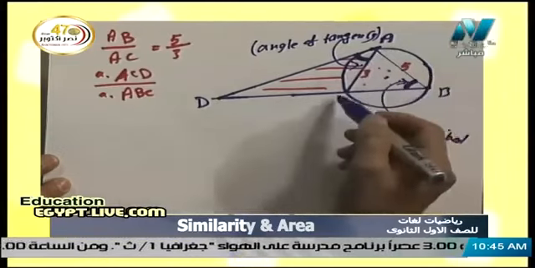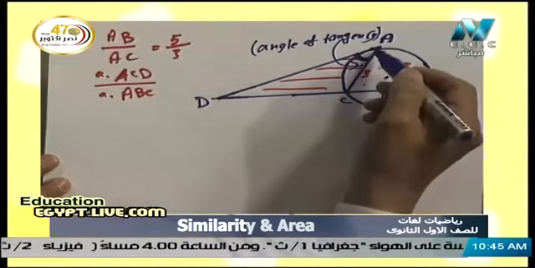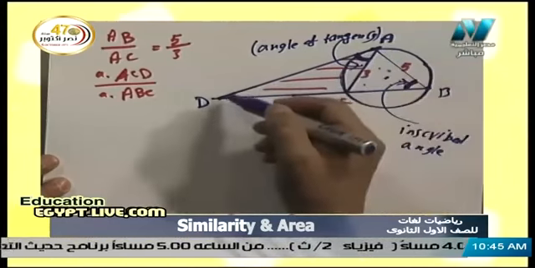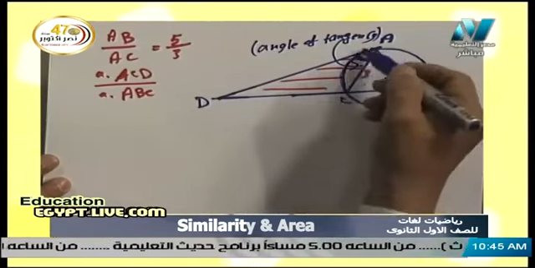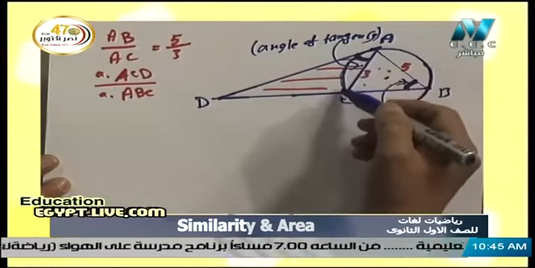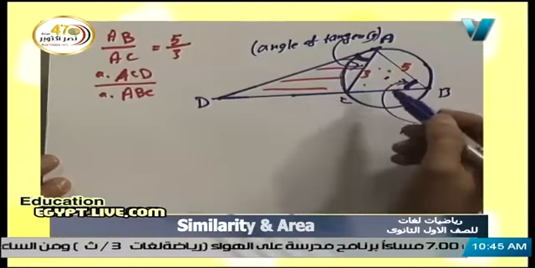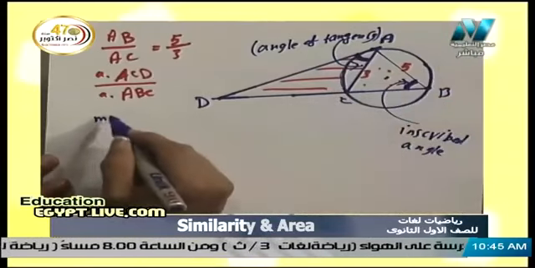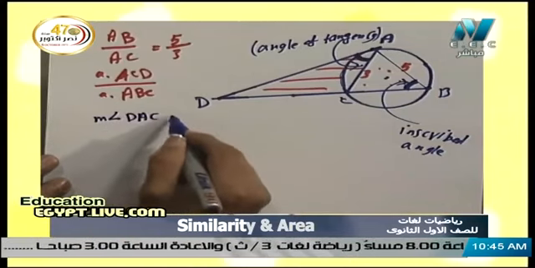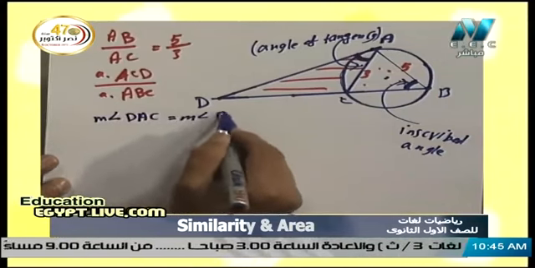These two chords intercept the same arc as the angle of tangency. The angle of tangency subtends the arc AC, and the inscribed angle also subtends the same arc AC, so they are equal in measure. So we can say that measure of angle DAC equals measure of angle B.